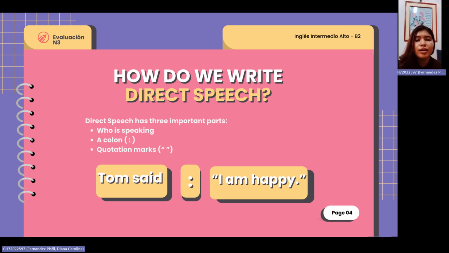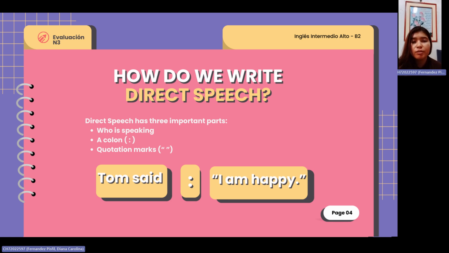I am going to talk about how to write direct speech. Direct speech has three important parts. The first part is who is speaking, the person or the character. The second part is a colon. These are the two dots that follow the name.